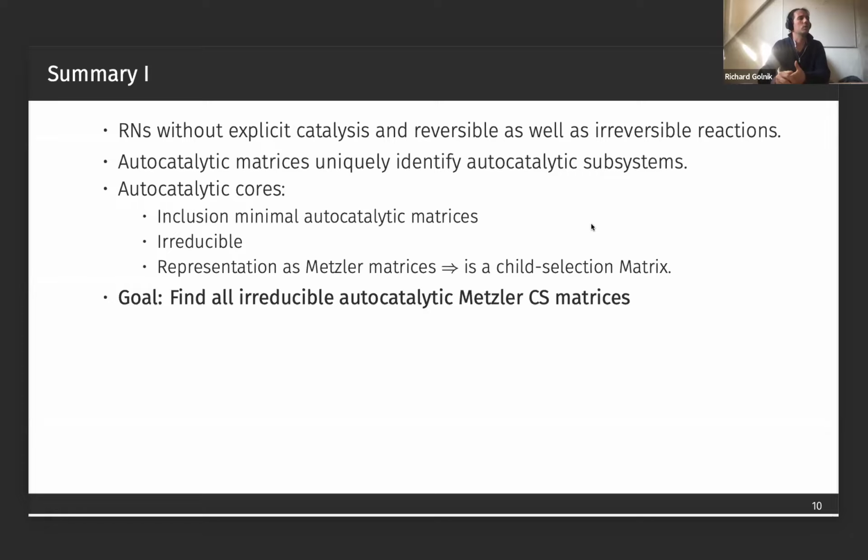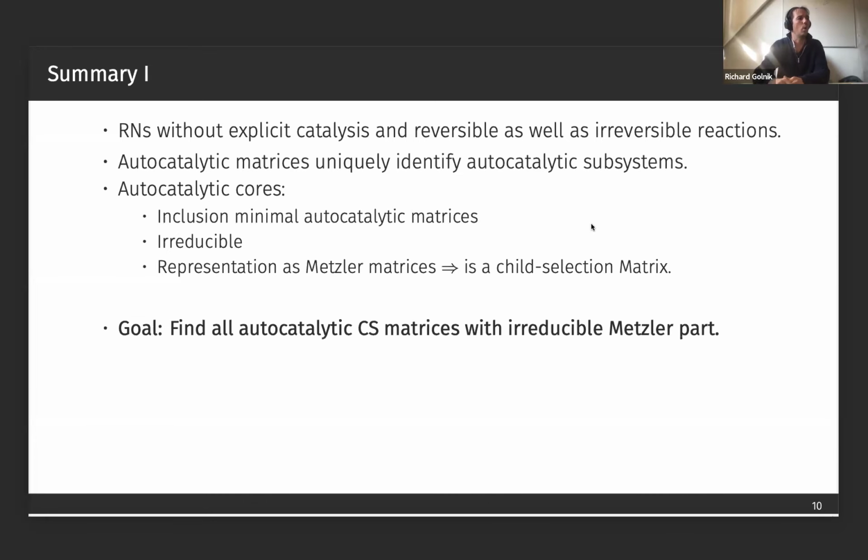The inclusion minimal autocatalytic matrices are irreducible, and they have a representation as a Metzler matrix, which is also a child selection matrix. At the beginning, we set out to find all irreducible autocatalytic Metzler child selection matrices. But as I pointed out at the beginning, what we actually found were all autocatalytic child selection matrices with irreducible Metzler part.